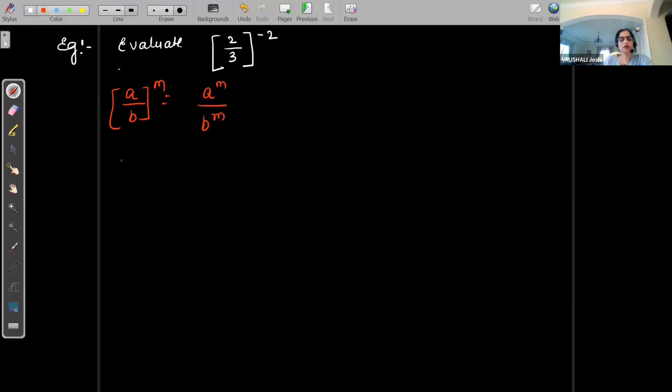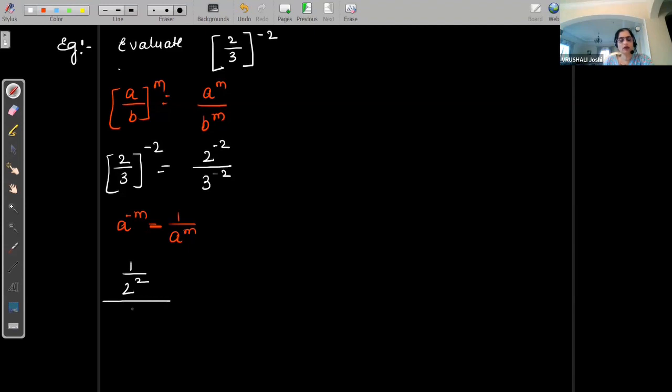So by this law, we can write 2 by 3, the whole raised to -2 as 2 raised to -2 by 3 raised to -2, correct? Then the next law is a raised to minus m is equal to 1 by a raised to m. So in the numerator, you have 2 raised to -2, so it will be 1 by 2 raised to 2 divided by 1 by 3 raised to 2, correct?